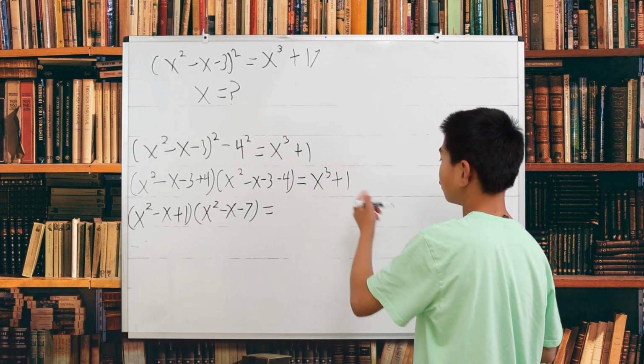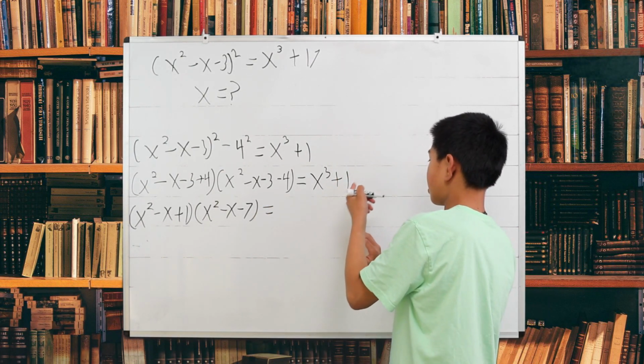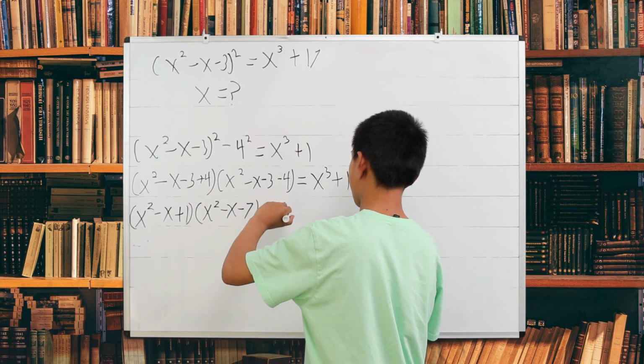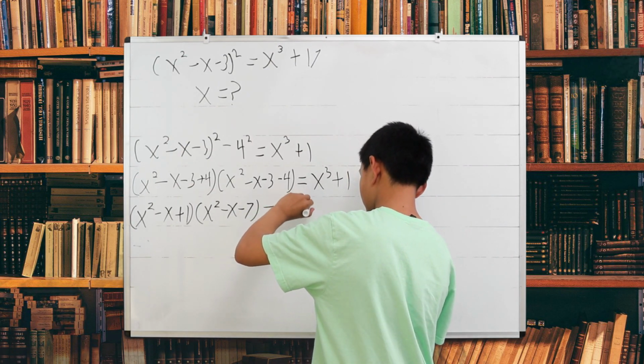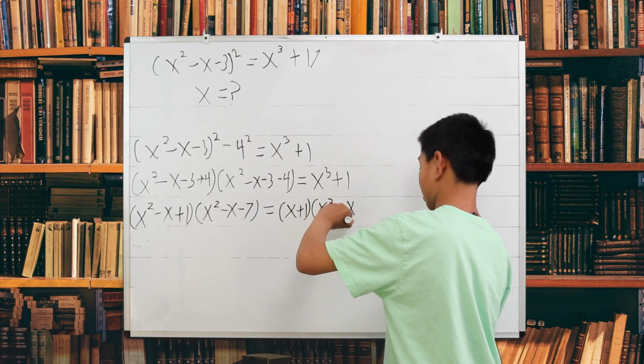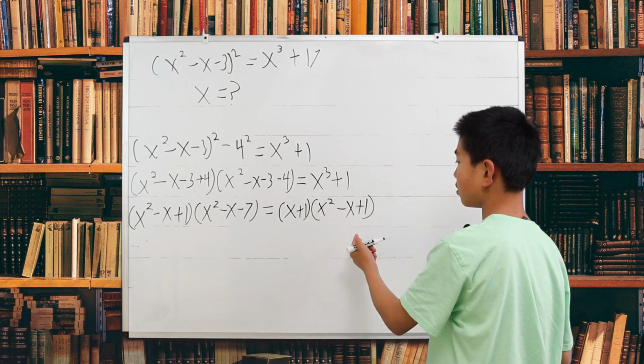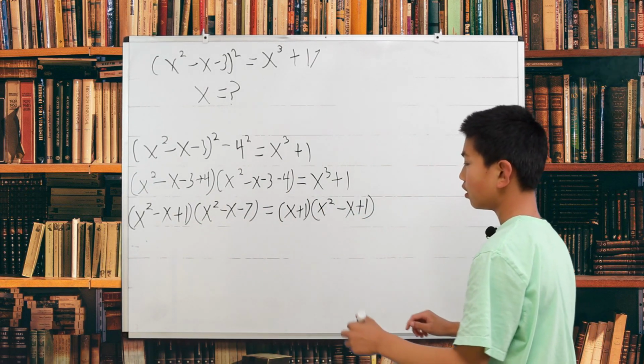And this is actually a formula. Once you have turned this into a formula, you get (x + 1) times (x² − x + 1) right here. Now you move this to the left-hand side.